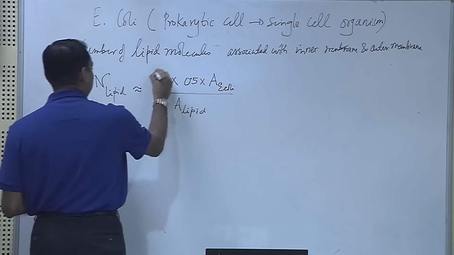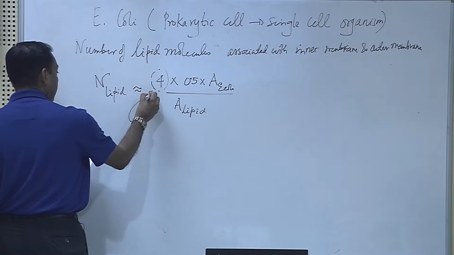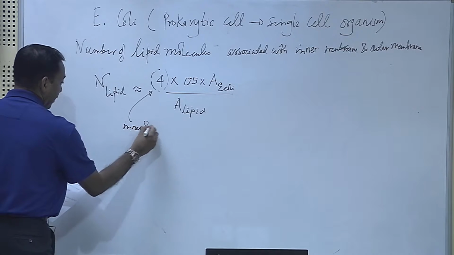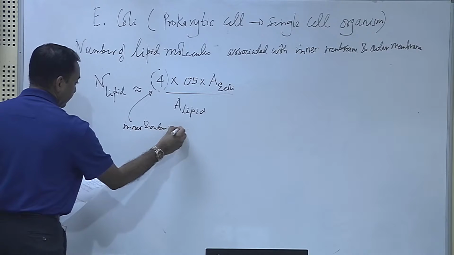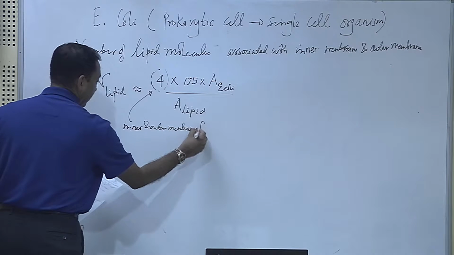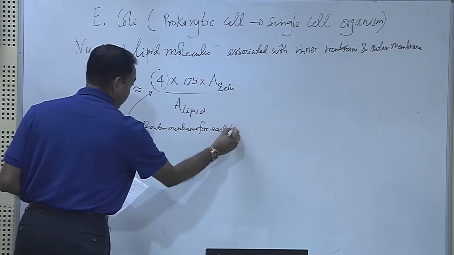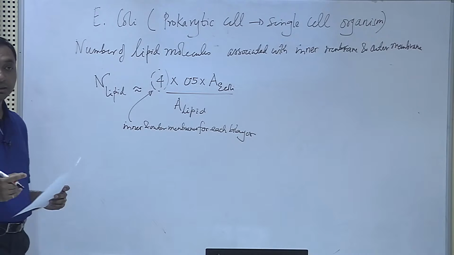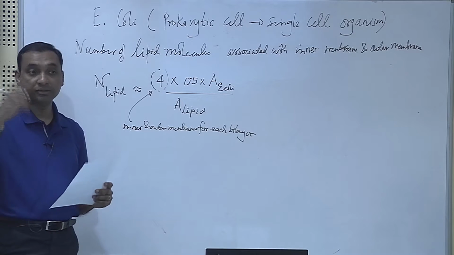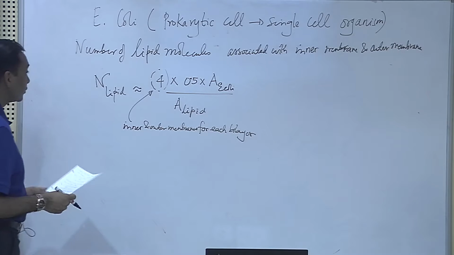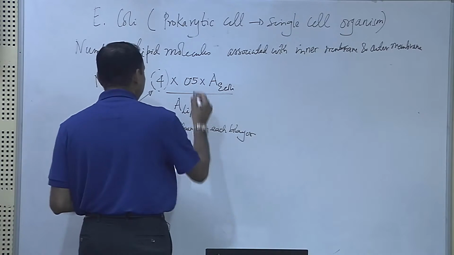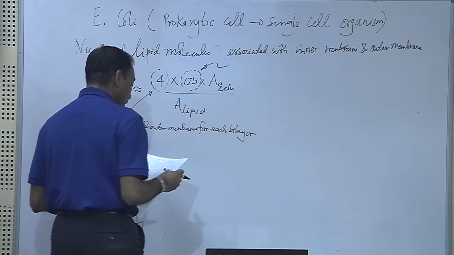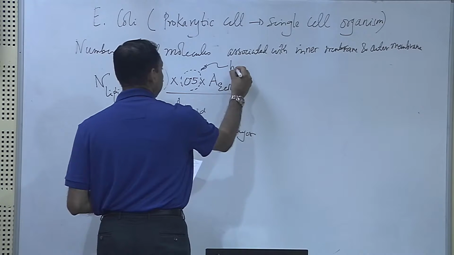The 4 is coming because you have inner and outer membranes for each bilayer. For each bilayer you have 2, so 2 times 2 lipids, as a bilayer has 2 layers, so that's why you get the 4. The 0.5 is because half of the surface is covered by membrane protein.